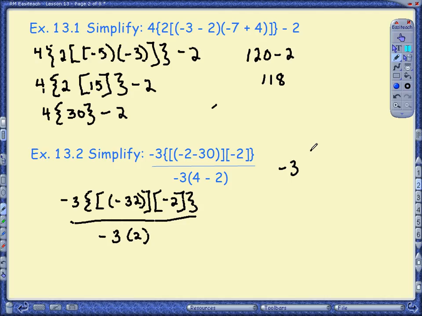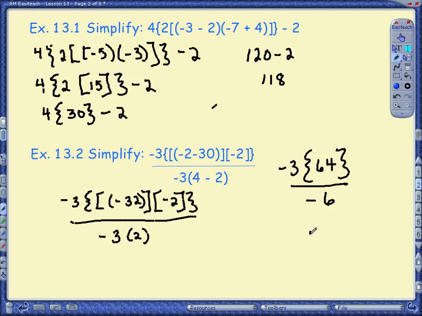I'm going to have then -3 times -32 times 2. I'm going to drop the parentheses and the brackets because I know I had to multiply. Symbols of inclusion are as simplified as they could be. The denominator, I'm going to multiply -3 times 2 and get -6. I'm going to multiply this by -3.